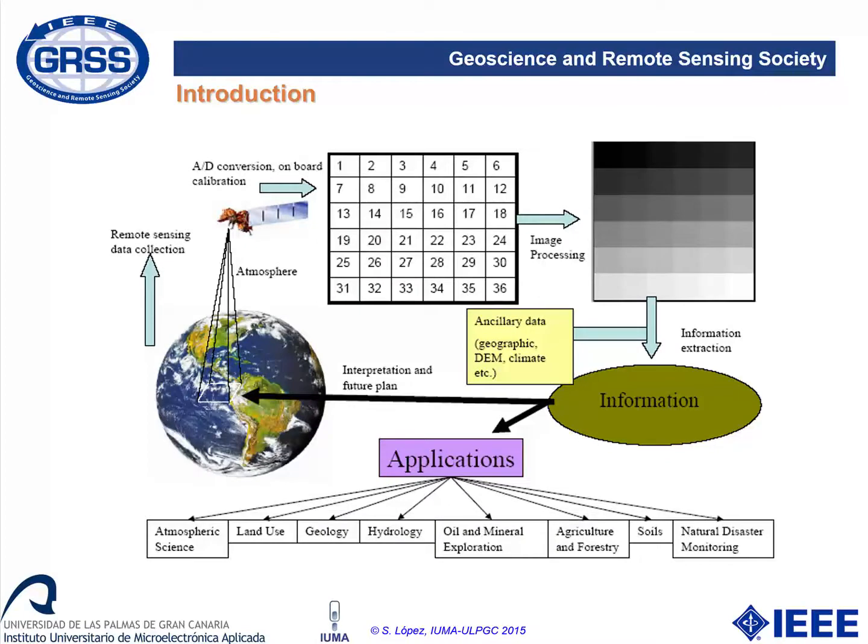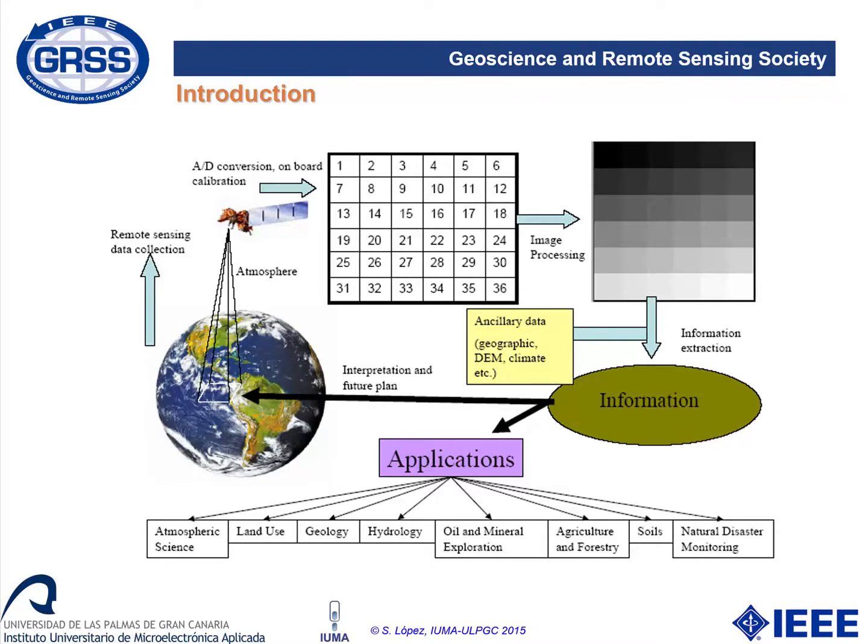Well, I guess that all of you know that in a remote sensing scenario, we have a situation more or less similar to the one depicted in this slide, where we normally have a satellite or even an airplane with a sensor that is able to capture some data.